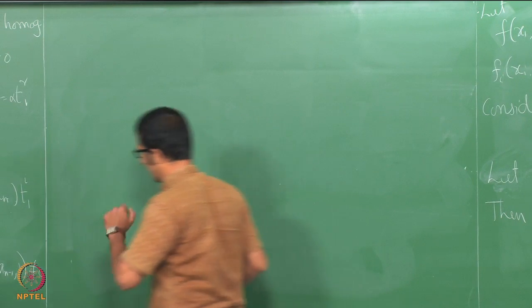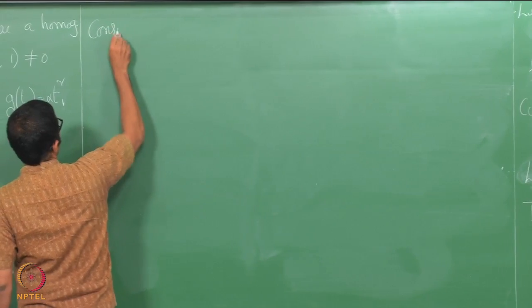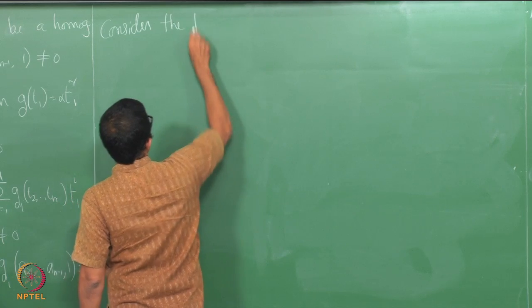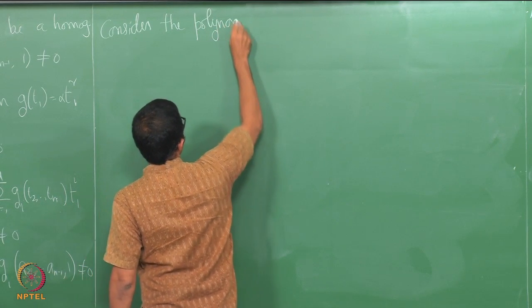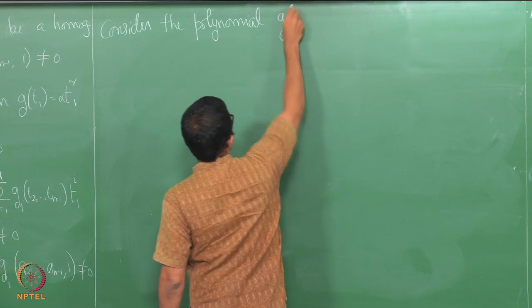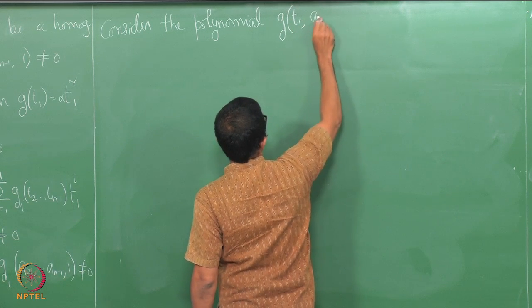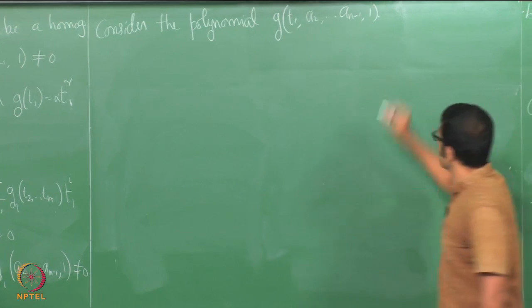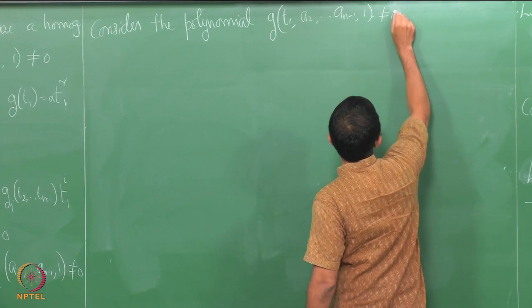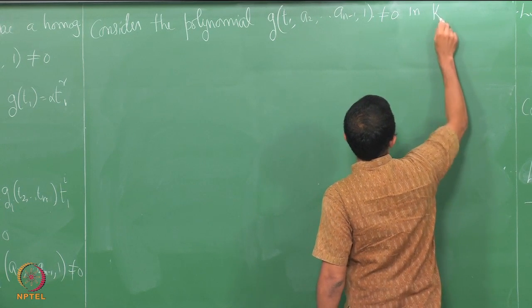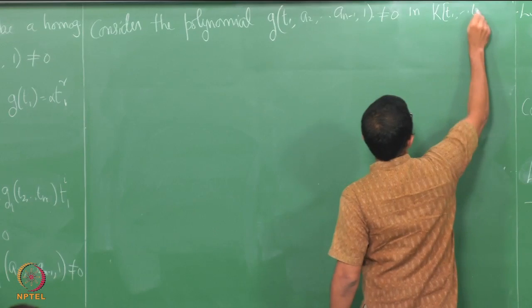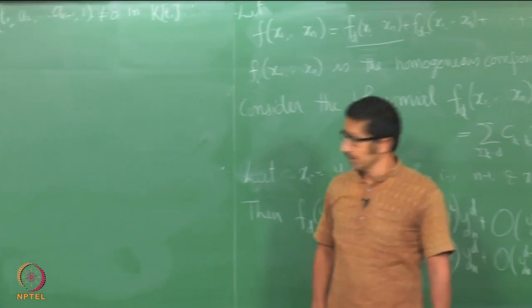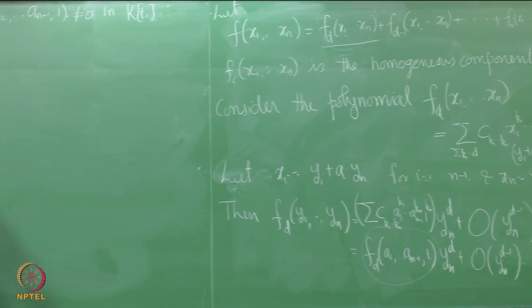Now, what I do is I consider the polynomial g of t1, a2 up to a_{n-1}, 1. This is a non-zero polynomial in k[t1], because this term is non-zero.